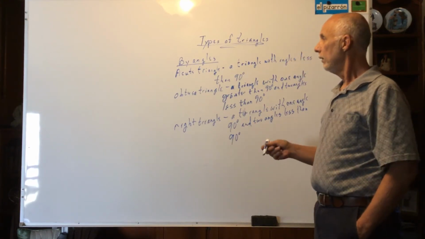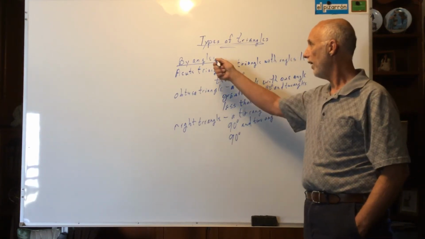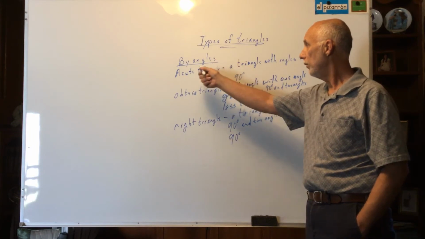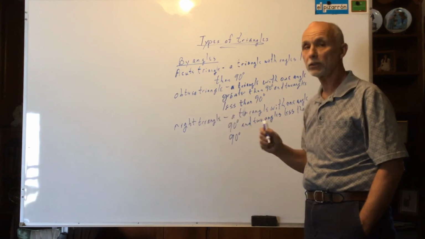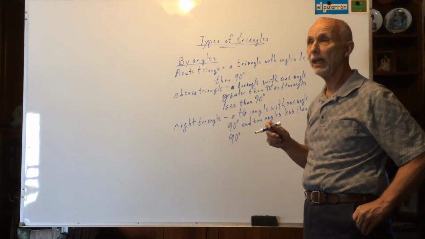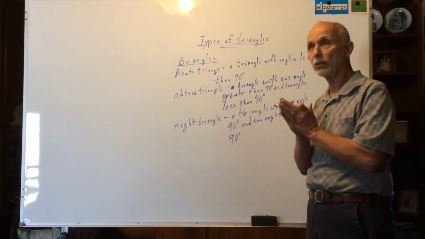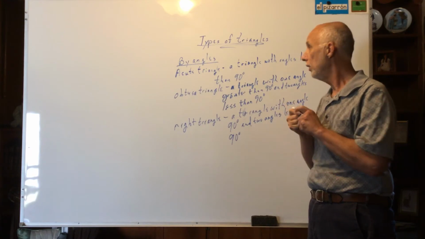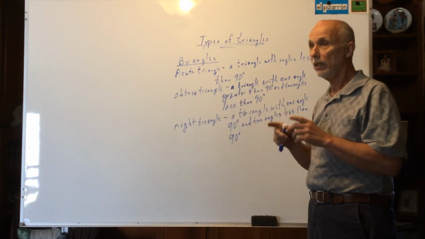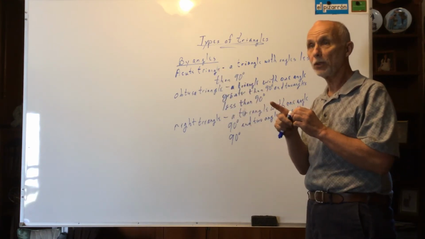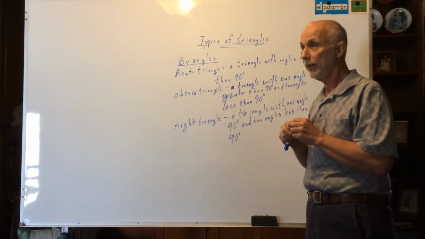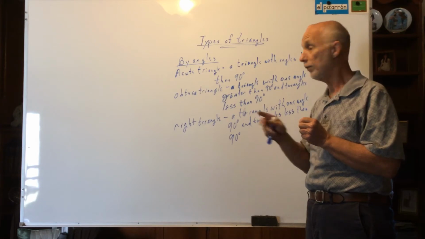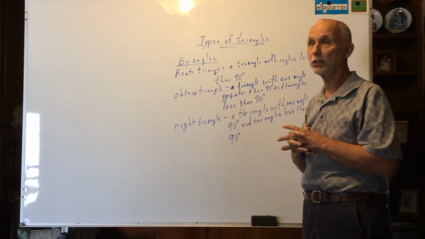So when you classify a triangle by angle, you're either talking about it being an acute triangle, an obtuse triangle, or a right triangle. You look at the three angles. If all three are acute, it's an acute triangle. If two of them are acute and one of them is obtuse, it's an obtuse triangle. If two of them are acute and one of them is right, then it's a right triangle.